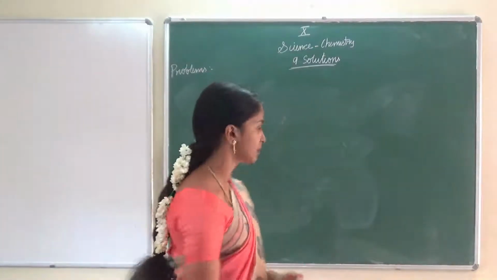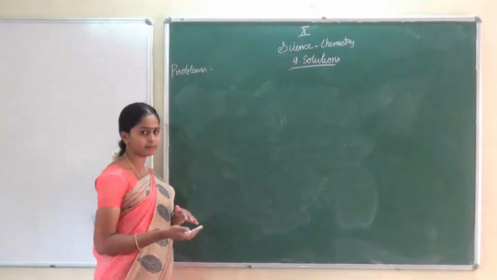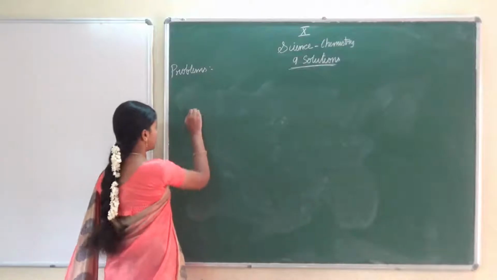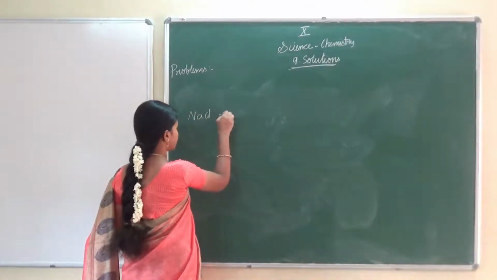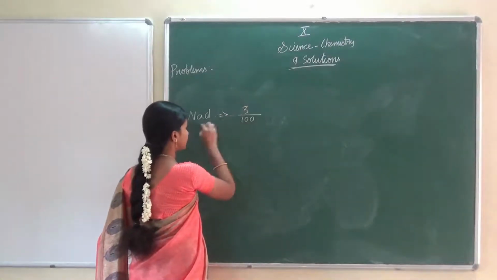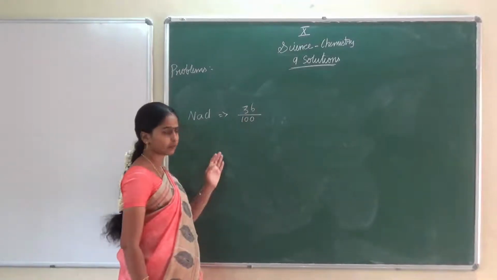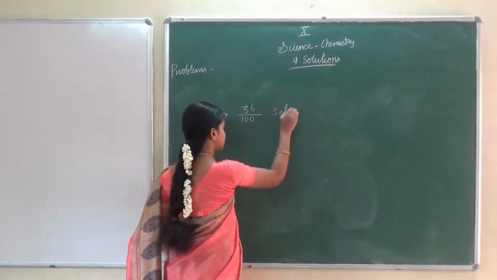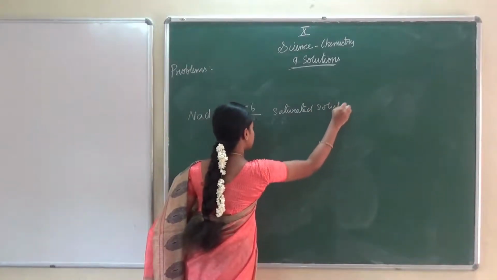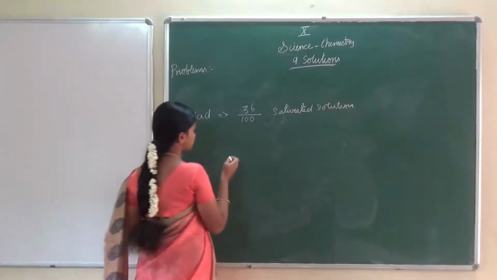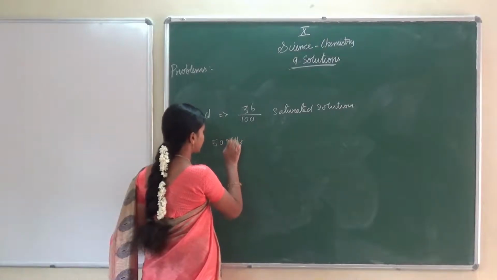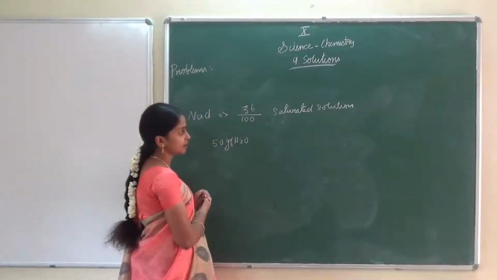So very simple here, just what we have worked out for the last problem. Now for NaCl, to form a saturated solution in 100 gram of water, the amount of NaCl required is 36 gram. Now the question is, to form a saturated solution of NaCl in 50 gram of water, how much solute is required?